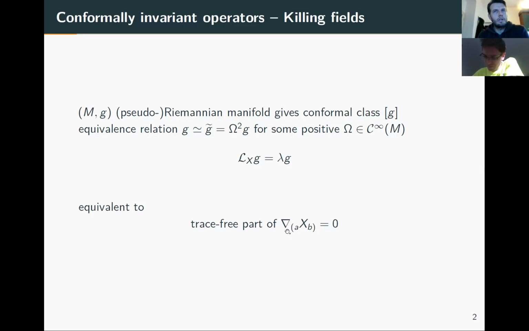You take the Levi-Civita connection of one of the metrics, and the equation for X, so that the flow actually preserves this conformal class, is that you take the trace-free part of this equation. This should be conformally invariant.